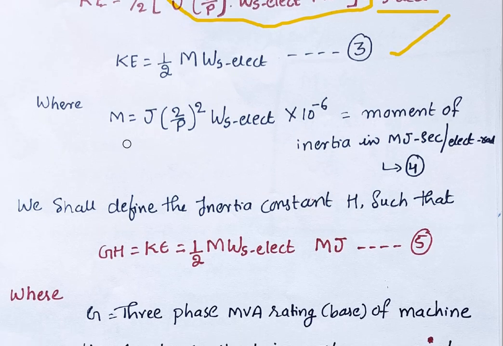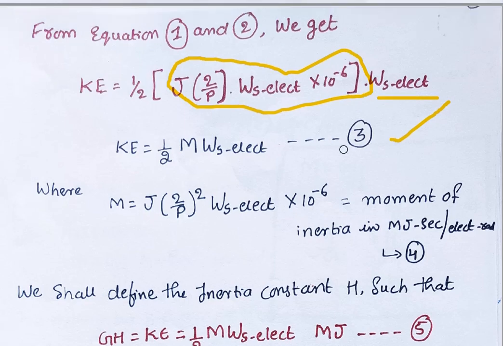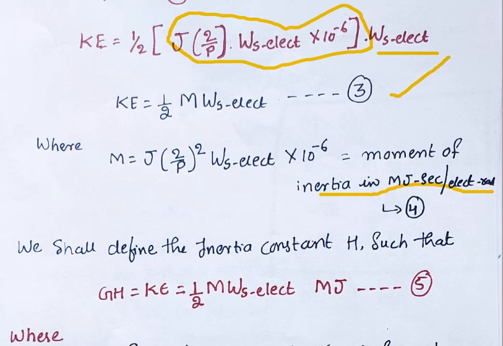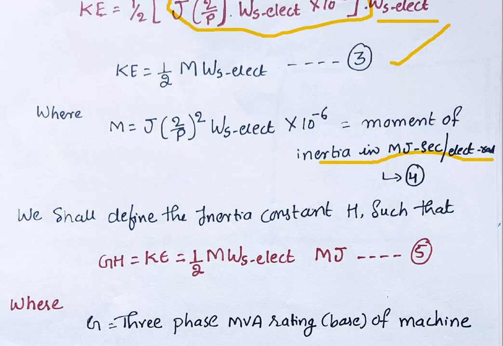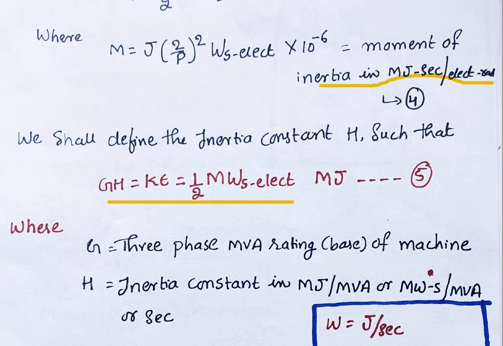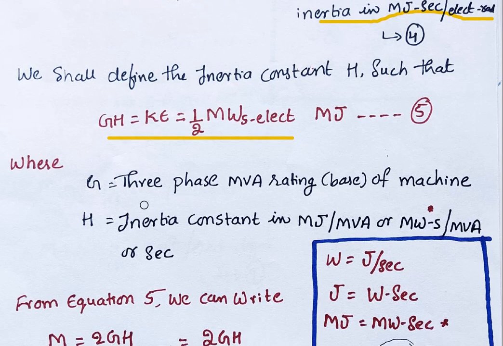So M is J into 2 by P squared into 10 raised to minus 6, in this equation. What is M here? It is the moment of inertia in megajoules per electrical radian squared. How that is in megajoules, I will explain. Now we shall define the inertia constant H such that GH equals Ke, half M omega S electrical squared, in megajoules.